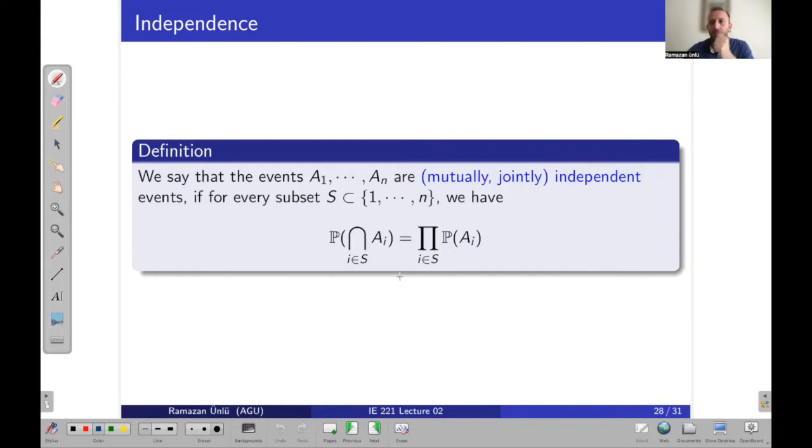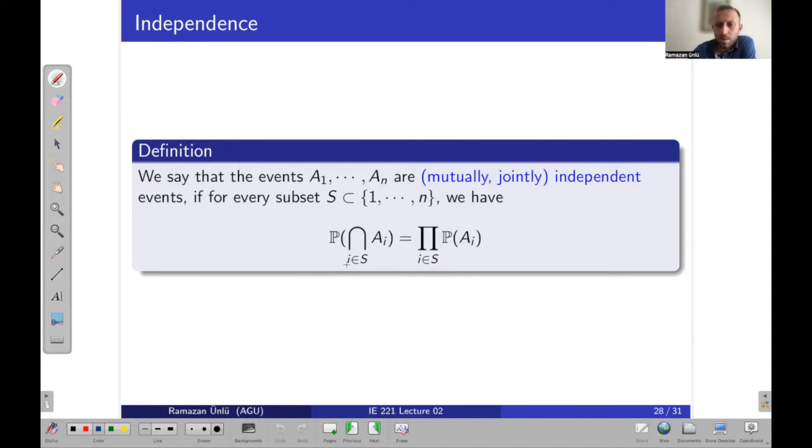We can also generalize these formulations for n events. Let's say we have some events from A1 to An, and they are independent, or you can call it mutually independent, jointly independent, whatever you want, if for every subset S of the indices from 1 to n, the probability of the intersection of those events is the product of the probabilities of the events.